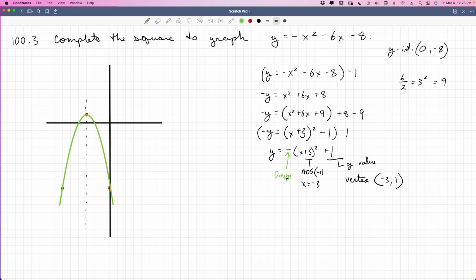This is just a check for you to make sure, yeah, it's negative, it opened down, so good, I did that right. So just use it as a reference to make sure you're doing it the right way, because your points are going to tell you which way the parabola opens if you do them the right way. So do them the right way.